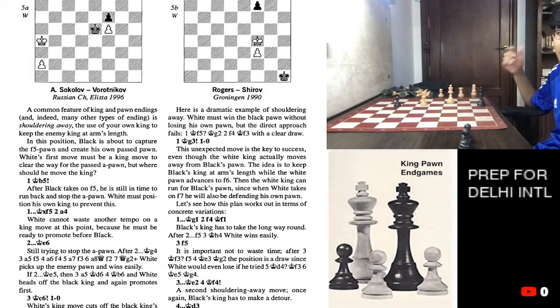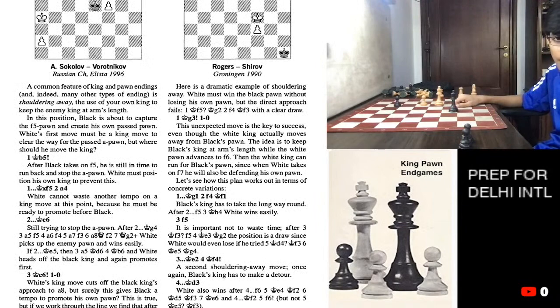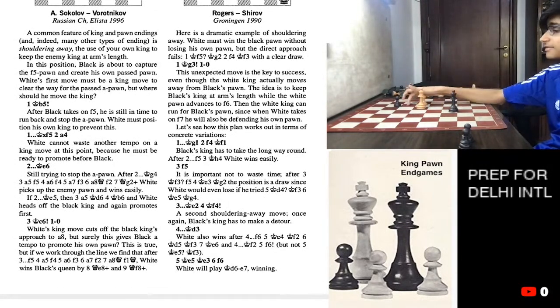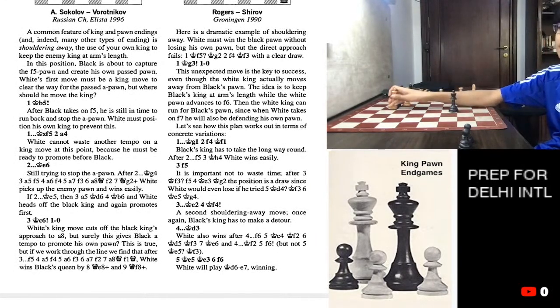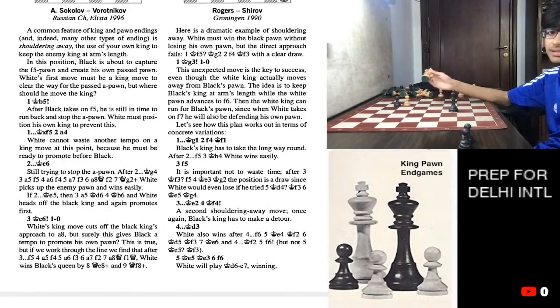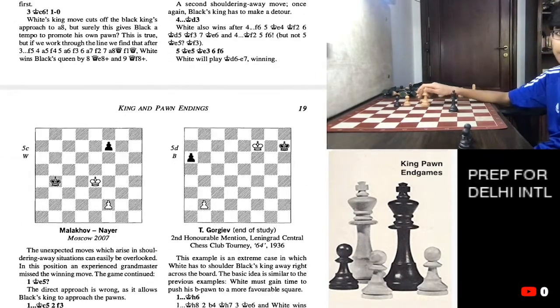And now, when the black king tries to enter with king to e2, we have king to f4, and after king to d3, there is king e5, and now we're just going king f7. Now the plan is to just go f6, king d6, king d7, and capture the pawn, following with promotion. And this is of course unstoppable.